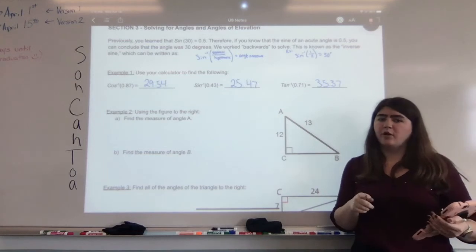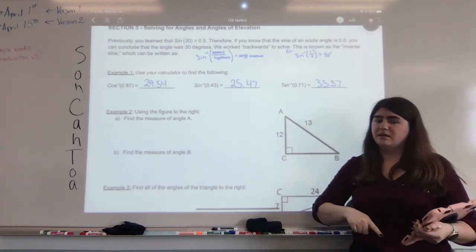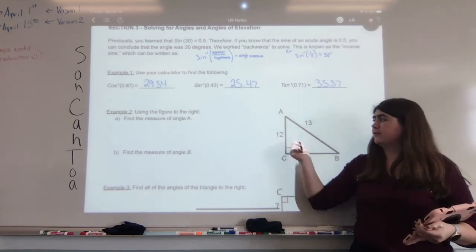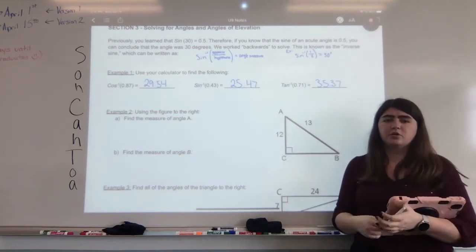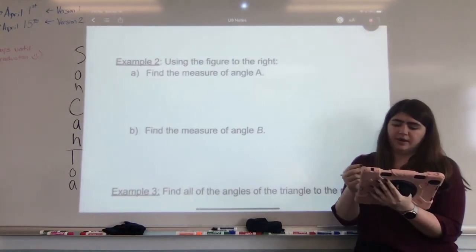But remember, we're solving for the angle, not the ratio. Because we're solving for our angle measure, we're going to use an inverse function. So I'm going to need inverse cosine.